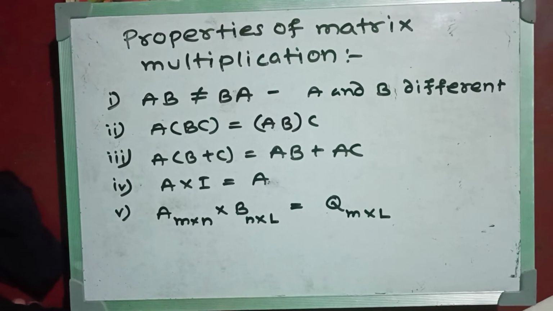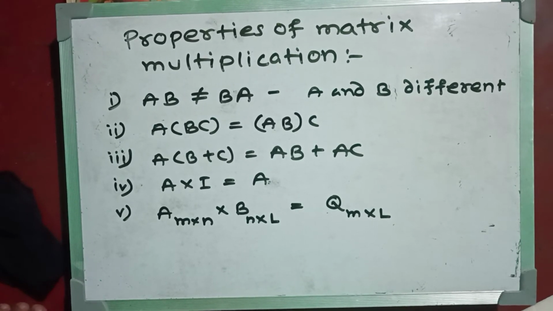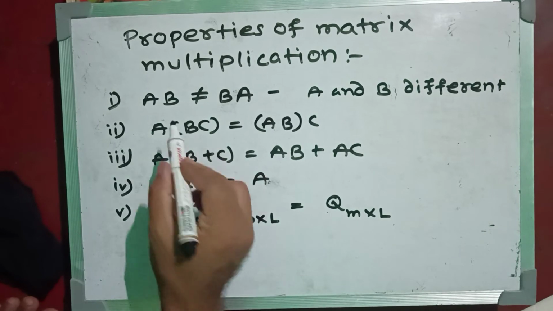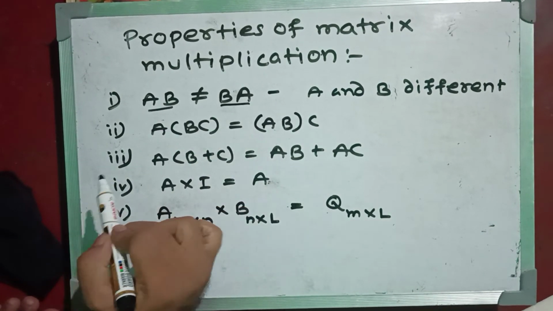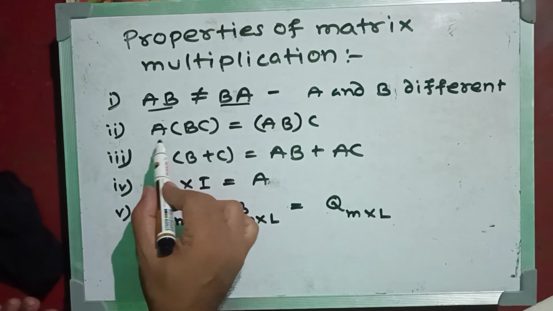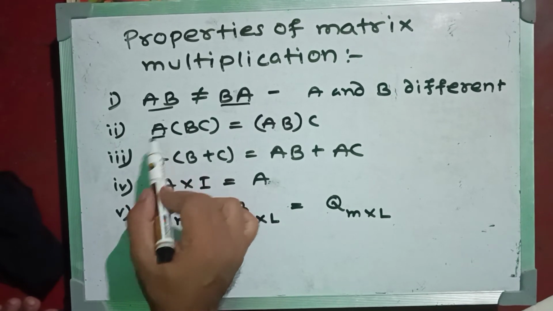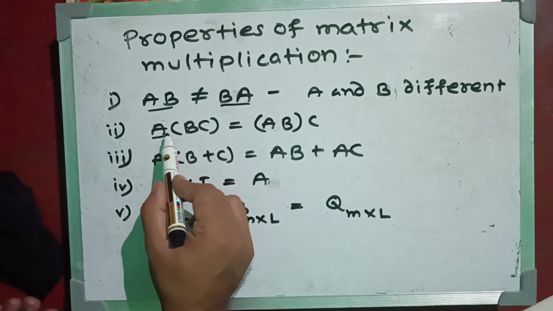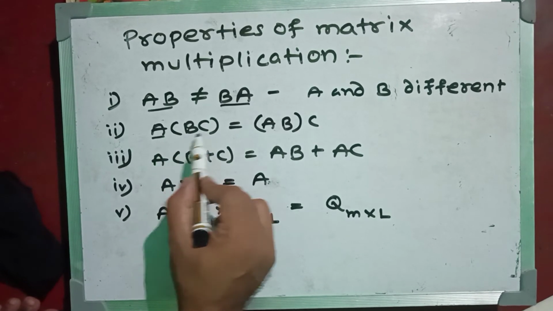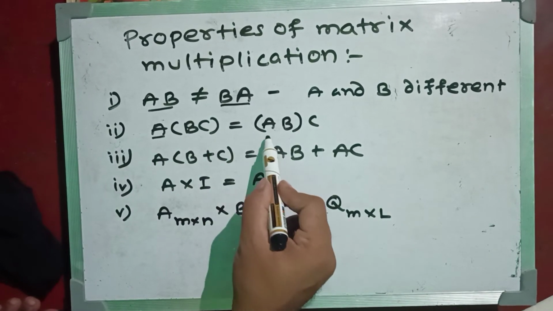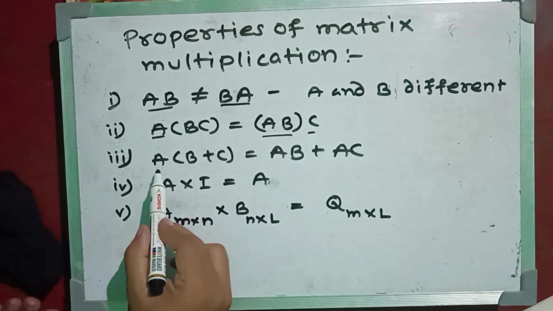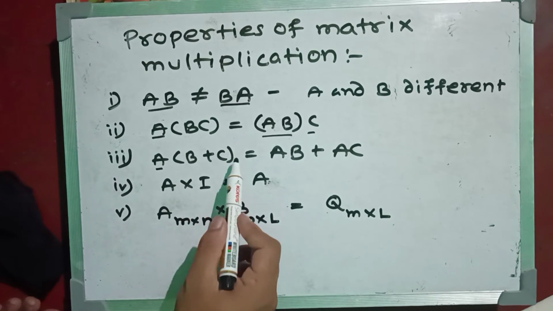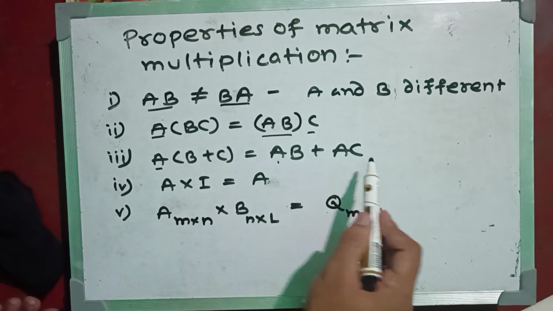Now we will see the properties of matrix multiplication. If there are two different matrices A and B, then AB will not be equal to BA. In the second formula, we can multiply A into BC, and that will be equal to AB into C. In the third formula, if you do A into B plus C, we can write it as AB plus AC.